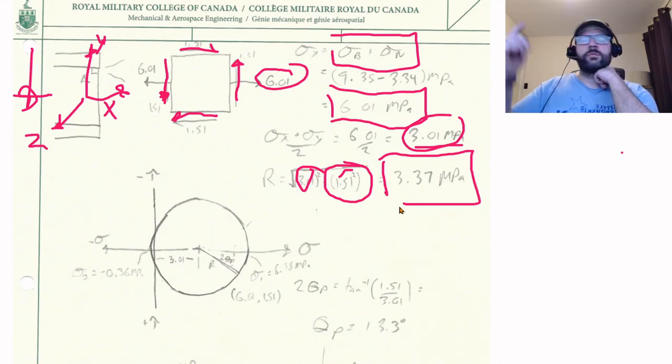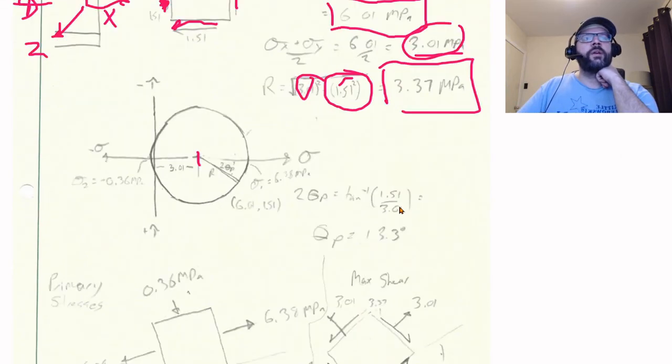So we can plot our Mohr circle here. We're placing the center at 3.01. The radius of this is 3.37. So that means that our maximum here and here is also 3.37.